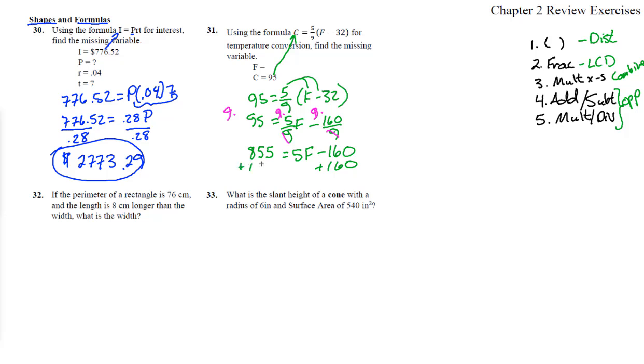Add 160. And we get 5F equals, what is that, let's write that on the same side. That is 1015 equals 5F. Divide both sides by 5, and we get F equals, what is that, 203, I think.